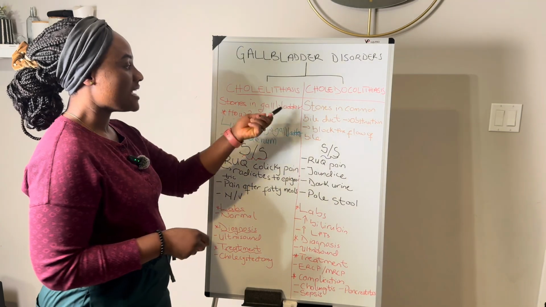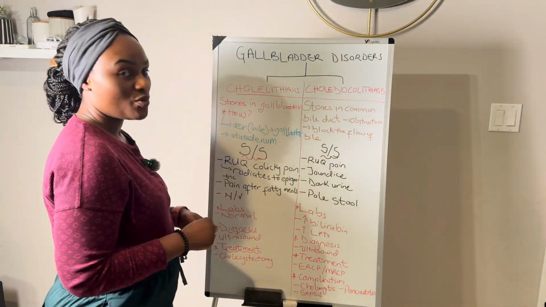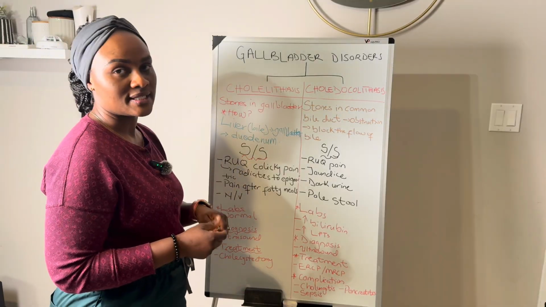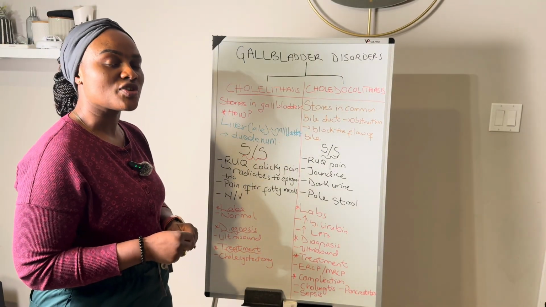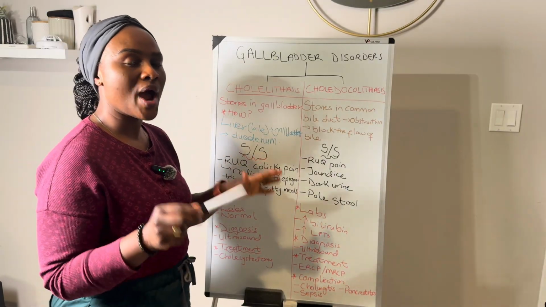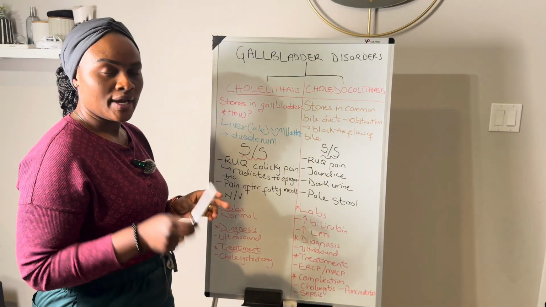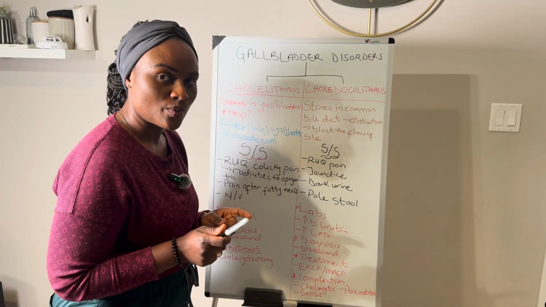Now, if somebody has cholelithiasis, what are some of the signs and symptoms? The patient will be having right upper quadrant pain. And usually they describe the pain as a colicky pain. Let's break it down a little bit. Right upper quadrant pain. Why right upper quadrant pain though? Guys, you should know. Why?